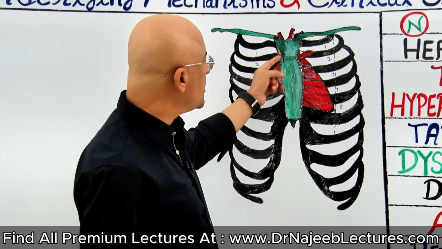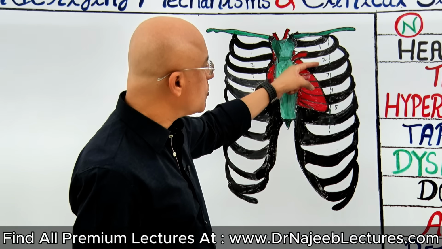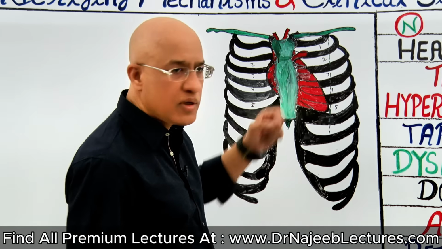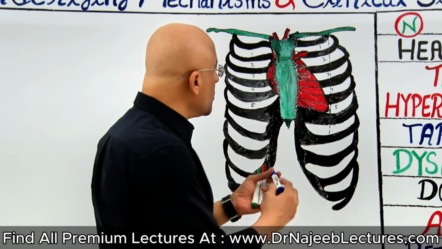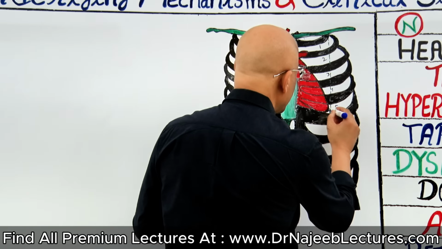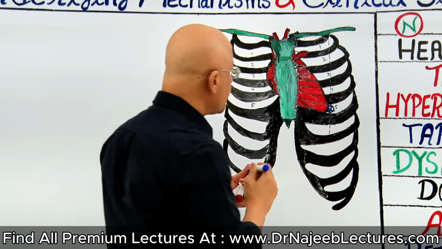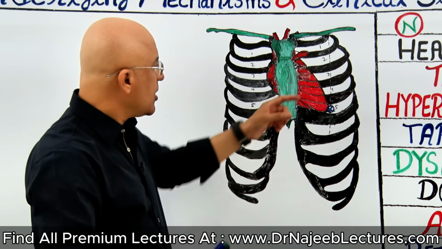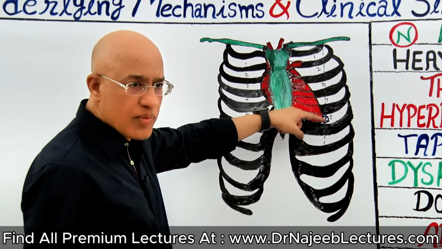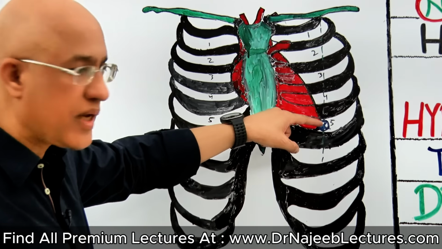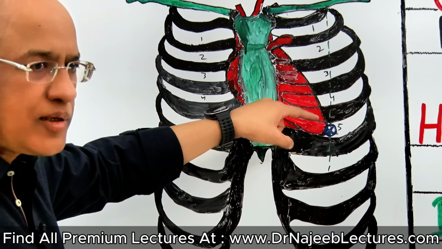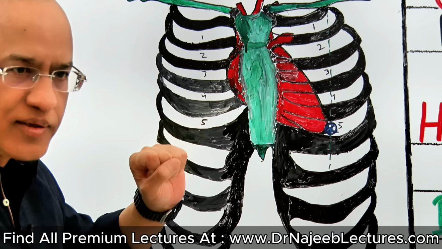From the angle of Louis, there is the second intercostal space, then third, then fourth, then fifth. In most normal adults, apex beat is located in the mid-clavicular line, in the fifth intercostal space, or slightly medial to the mid-clavicular line.